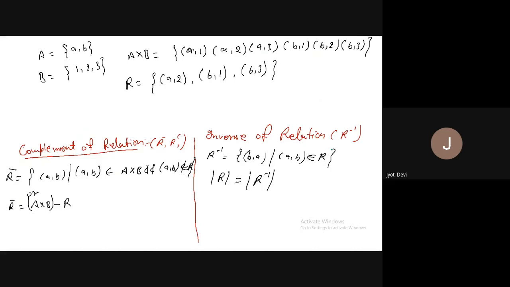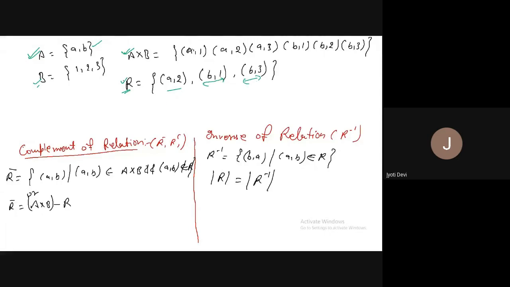For example, in set A, I have 2 elements, A and B. In set B, I have 3 elements, 1, 2, 3, and I do the cross product. Because a relation is a subset of the cross product, I pick randomly 3 pairs of elements.